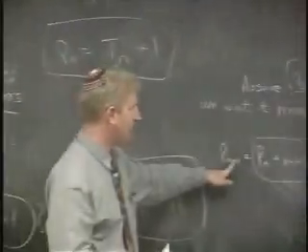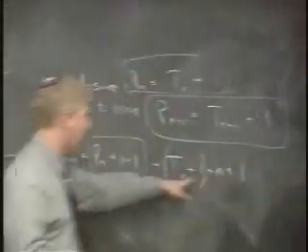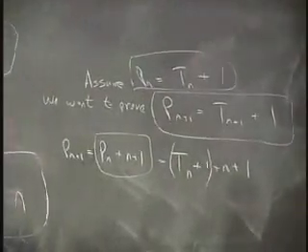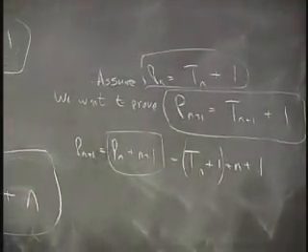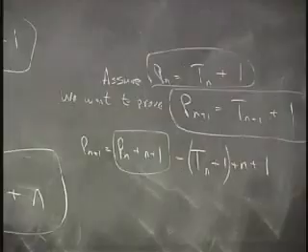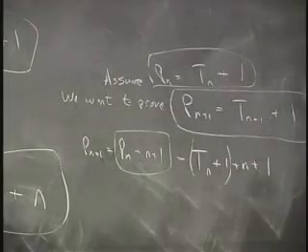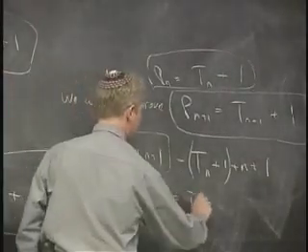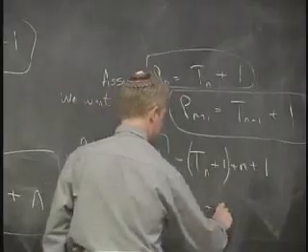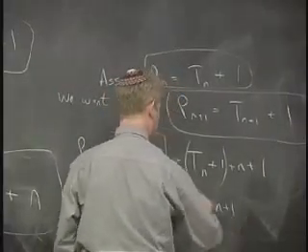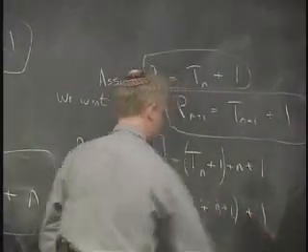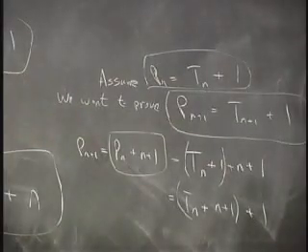I got this on the left. I'm looking to get this on the right. Am I almost there? On the right, you write it as T of n plus n plus 1, all within parentheses, plus 1. I just moved them around.